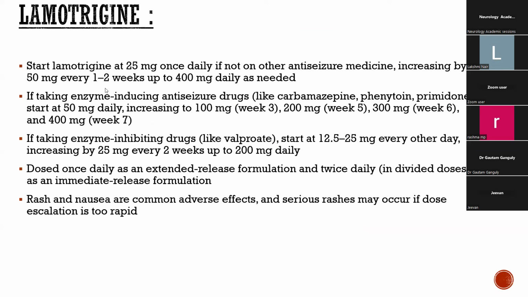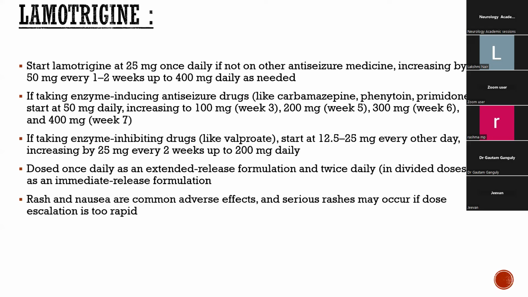So start lamotrigine at 25 mg once daily, if not on other anti-seizure medication. And it can be increased by 50 mg every 1 to 2 weeks up to 400 mg daily as needed. And if the patient is taking other enzyme-inducing anti-seizure medications like carbamazepine, phenytoin, as well as primidone, start at 50 mg daily and increase slowly to 100 mg at week 3, then 200 mg at week 5, 300 mg at week 6, and 400 mg in week 7.